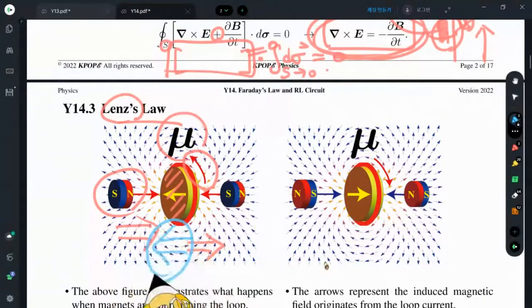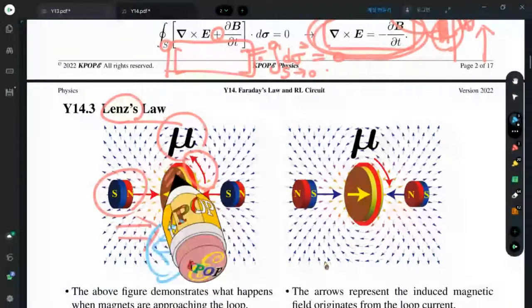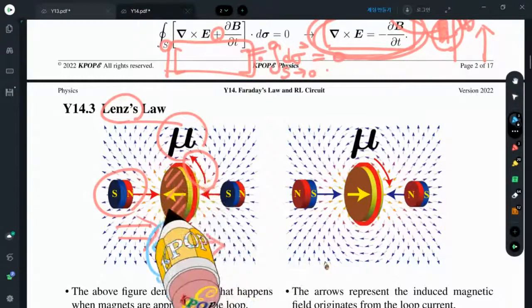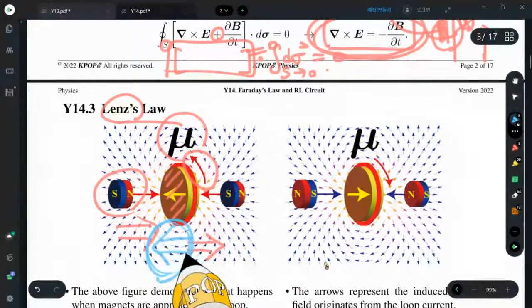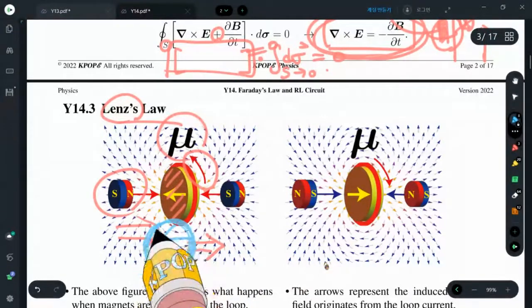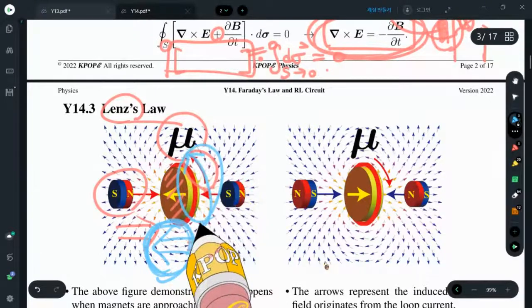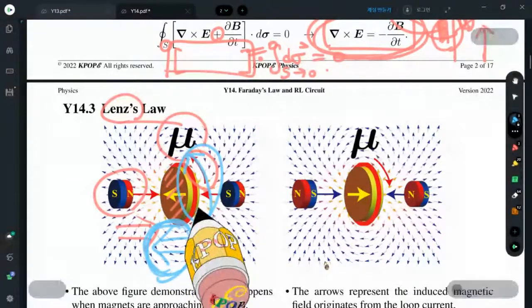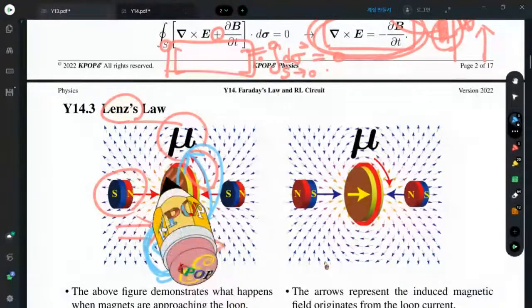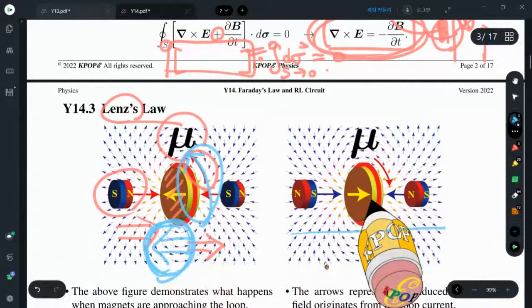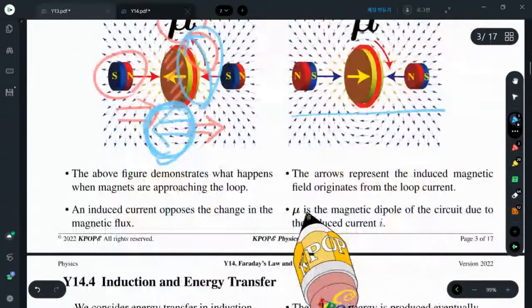Therefore, to prohibit the increment of the flux along this direction, it creates the magnetic field like that. We know the magnetic field is generated only if the induced current is rotating like that. The other figure is the opposite case.